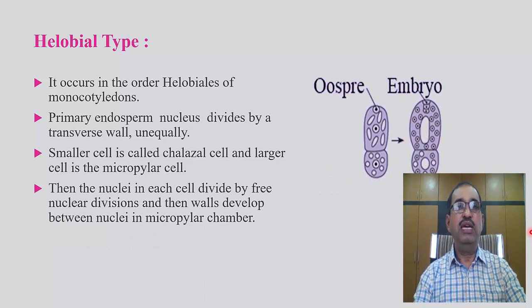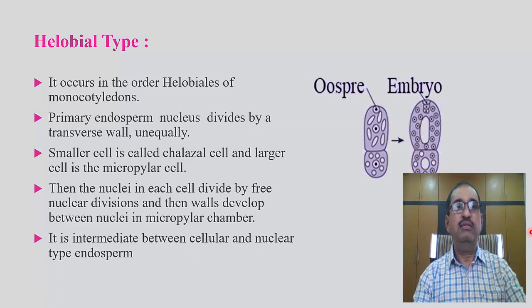Then the nuclei in each cell divide by free nuclear division, and then a wall develops between two nuclei in the micropylar chamber. It is the intermediate endosperm between cellular endosperm and nuclear type of endosperm.